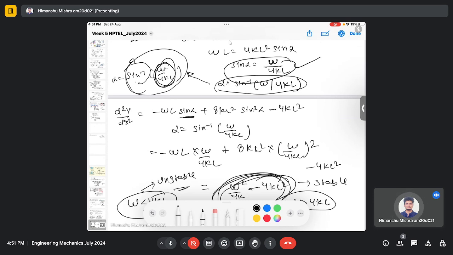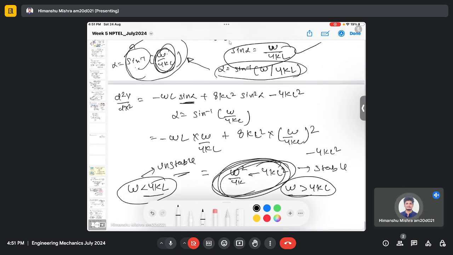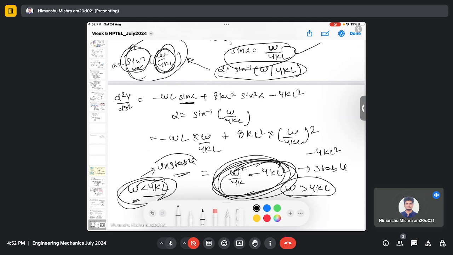We can define that location by the expression W by 4KL, and from the equilibrium position we saw that the only condition allowed is when W is less than 4KL, because only then will this sine inverse quantity give you a real answer. And for this condition, when W is less than 4KL, the system is unstable, because then the double derivative is less than 0, it's negative, and hence the system is unstable.